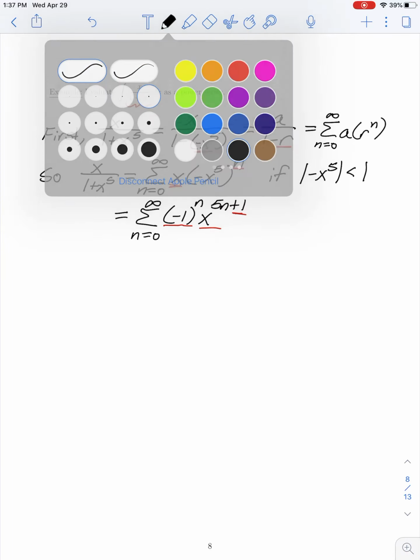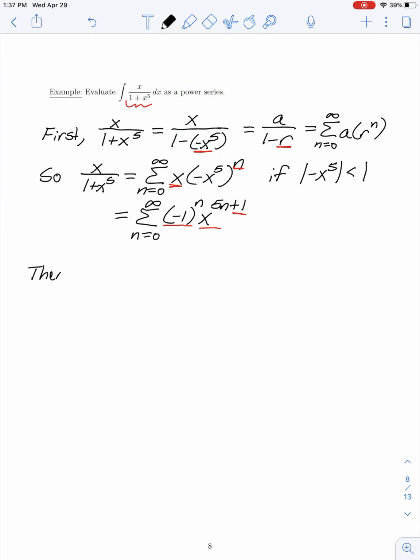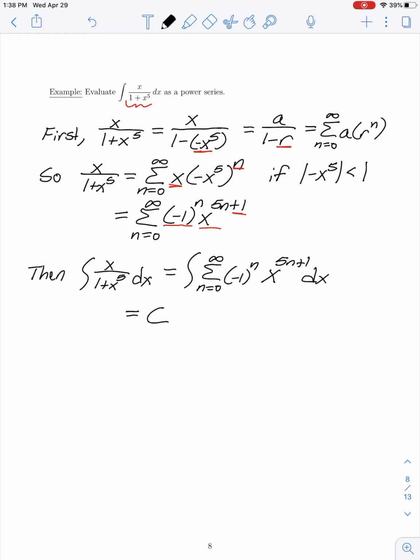And now to integrate it, that is to integrate x over 1 plus x to the 5th with respect to x, well, we're looking at integrating this power series representation. So here we have an indefinite integral, so we know that we need to include a constant of integration, c, which we'll write out in front.